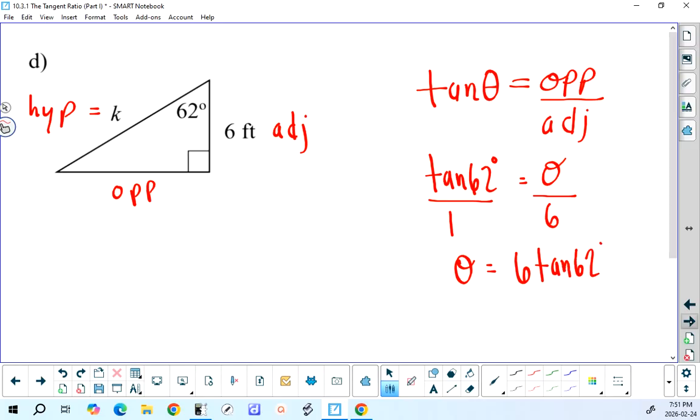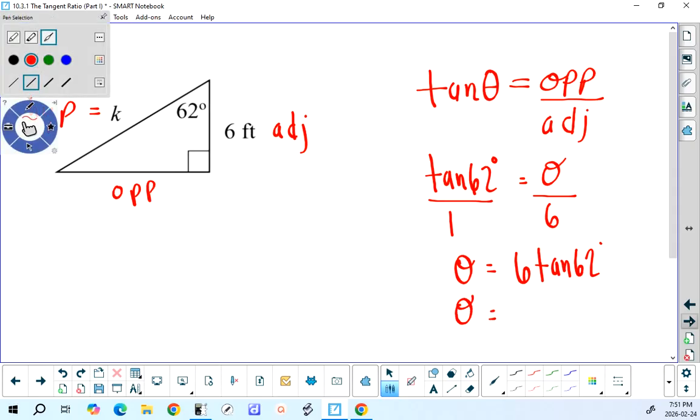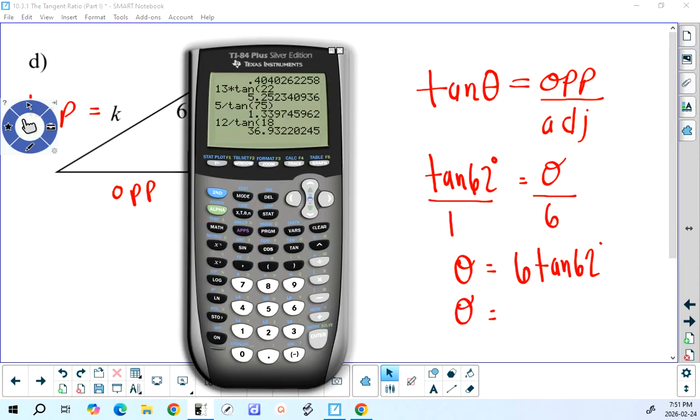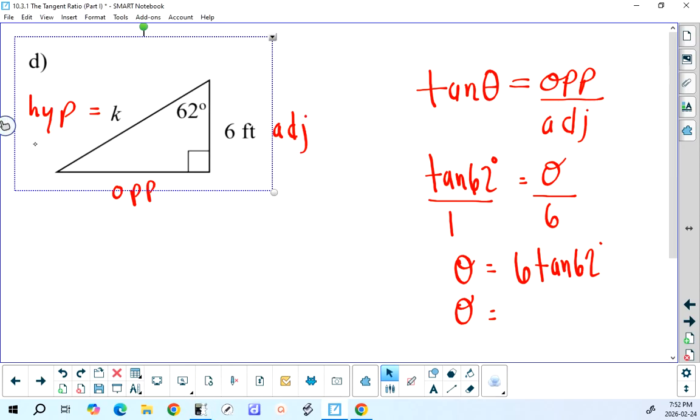Oh, okay, that's pretty easy. This is the opposite side. Six tan 62 gives me about 11.28.